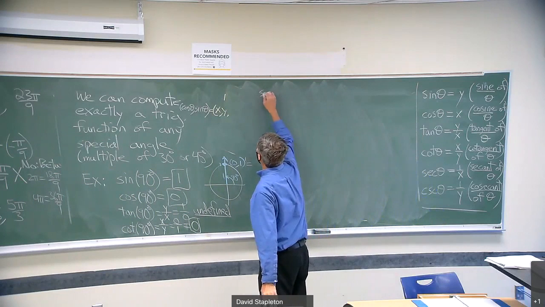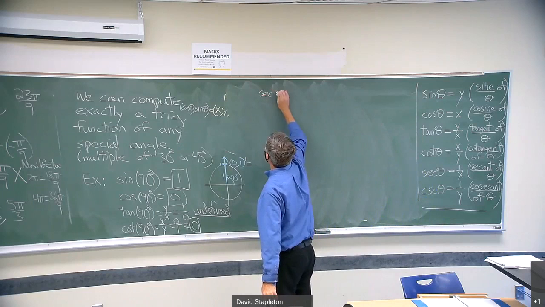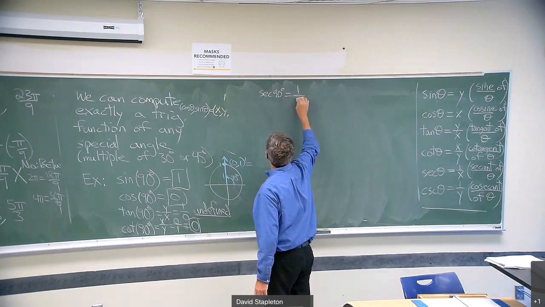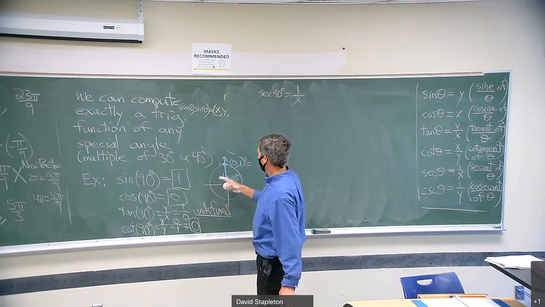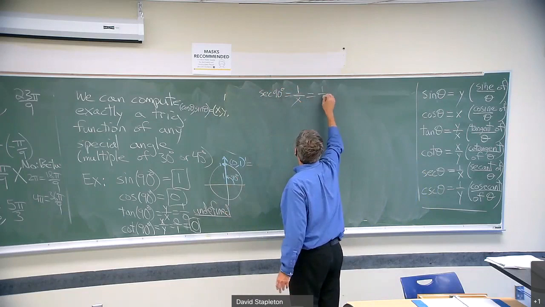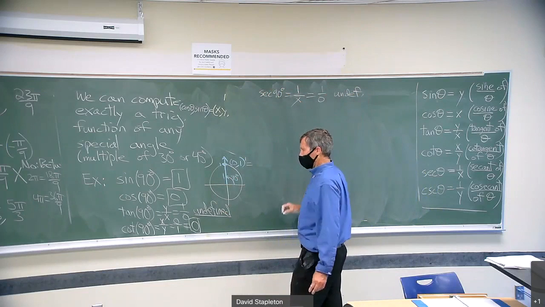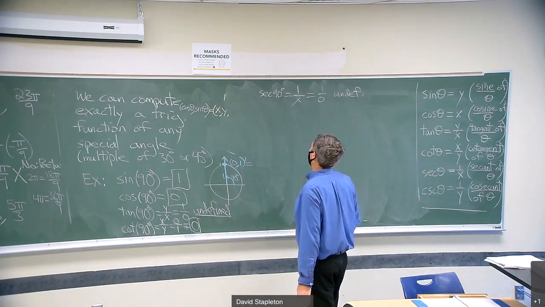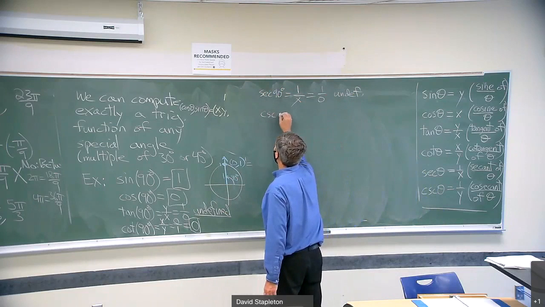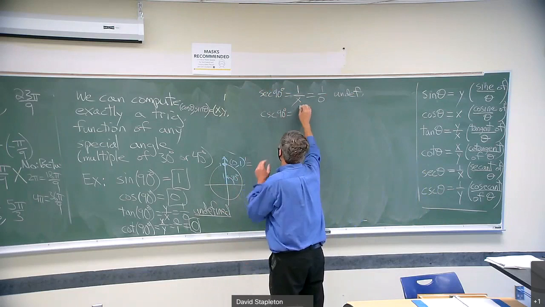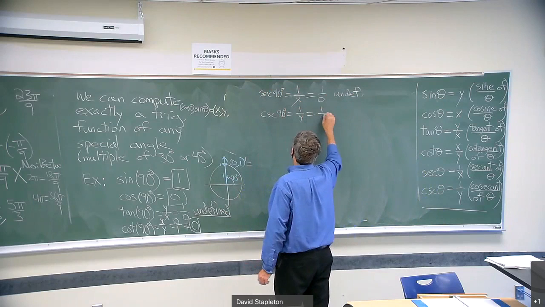And then the secant of 90 degrees is 1 over the x-coordinate. Well, the x-coordinate is 0. Undefined, right? So the secant and the tangent are both undefined. But now the cosecant of 90 degrees is 1 over the y-coordinate, is 1 over 1 is 1.